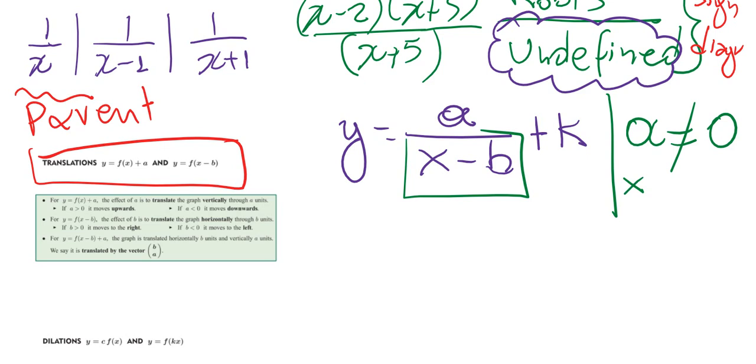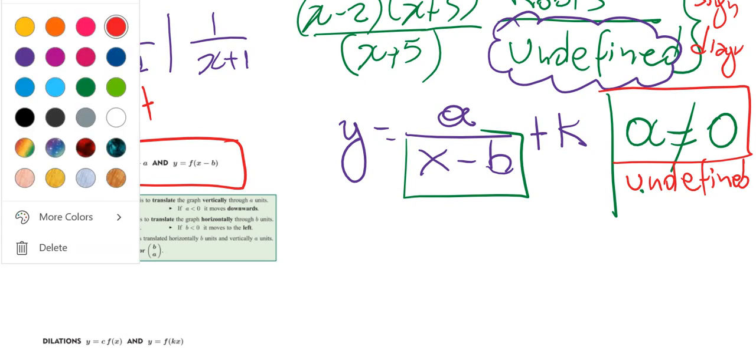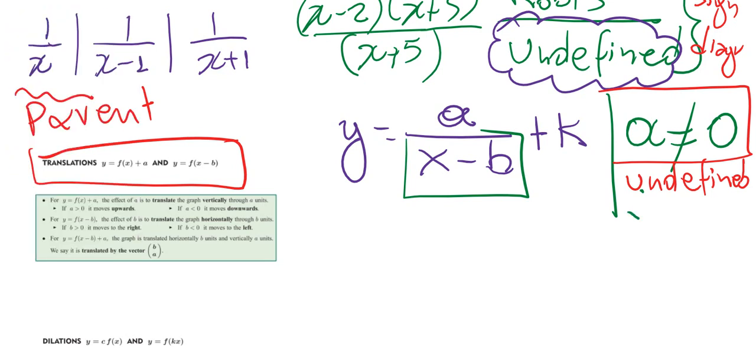We say x is undefined when, this is the rule, when x equals b. That's what we discussed in the previous lesson. That was in your test.